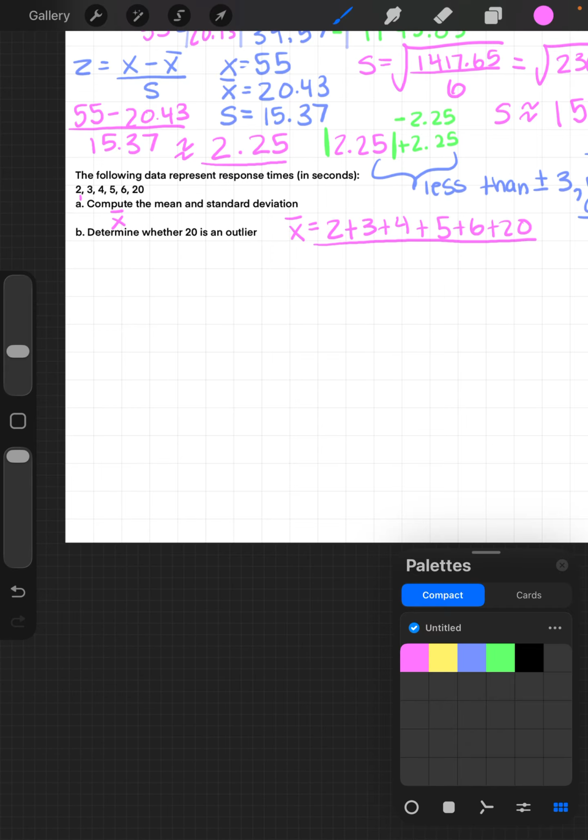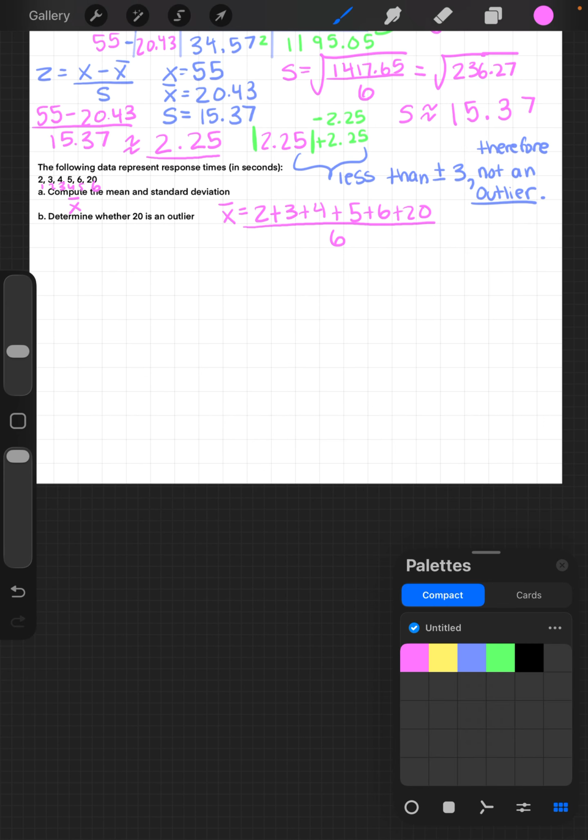And our n is 1, 2, 3, 4, 5, 6, which is gonna be 40 over 6. Mental math isn't gonna help me here. 6.67, which is our mean. So I'm gonna just write this down.